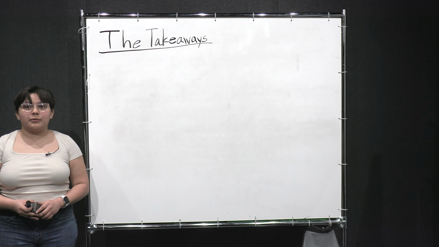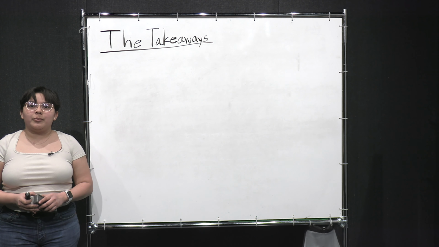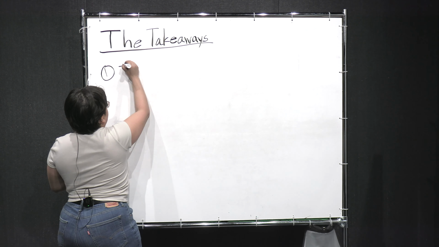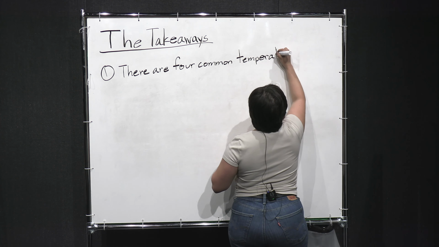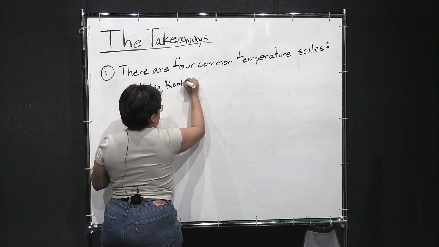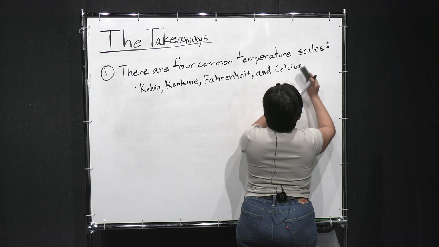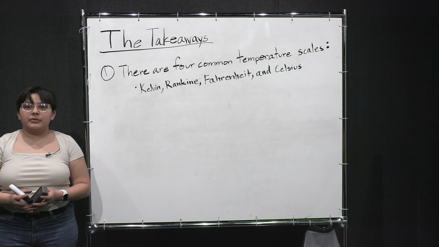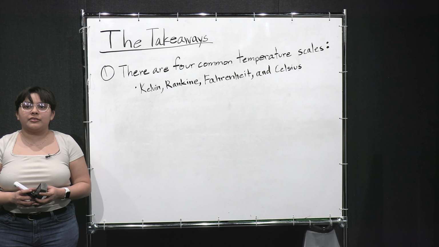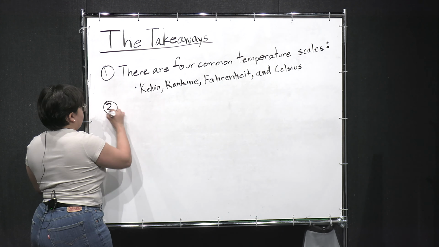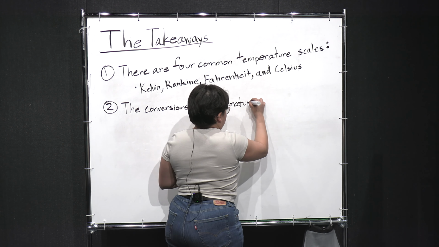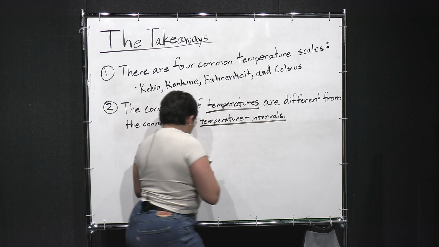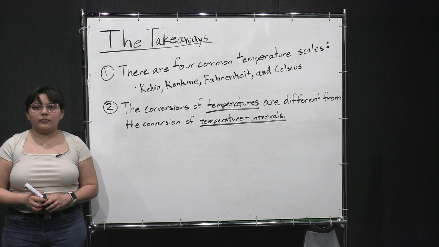The takeaways from this video are: 1. There are 4 types of common temperature scales: Kelvin, Rankine, Fahrenheit, and Celsius. 2. The conversions of temperatures are different from the conversion of temperature intervals. 3.